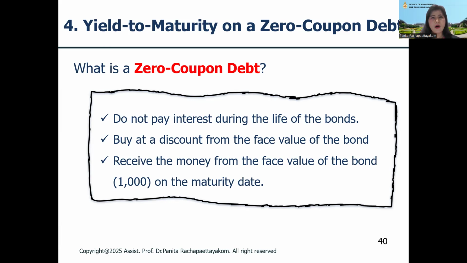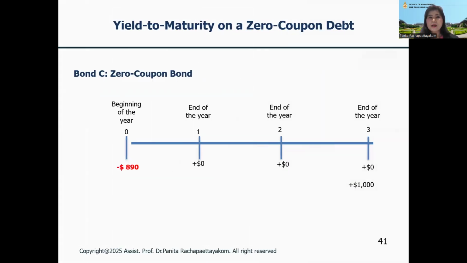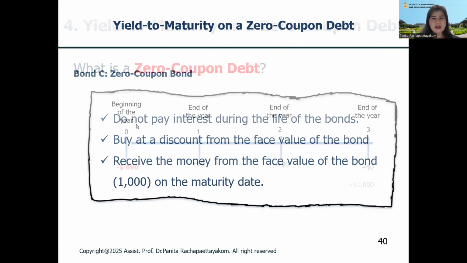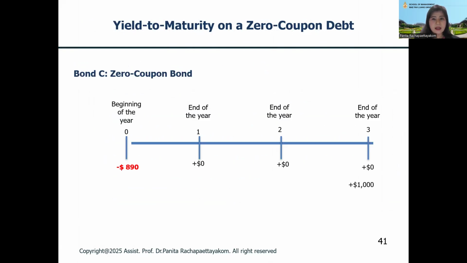The zero coupon bond will not pay any coupon during the holding period. So I show you the cash flow here for a 3-year zero coupon debt.